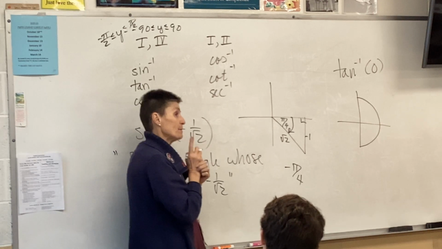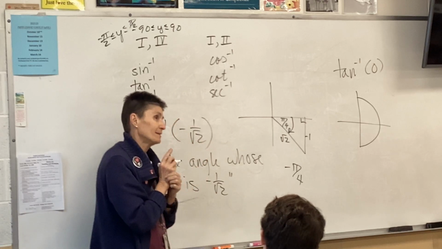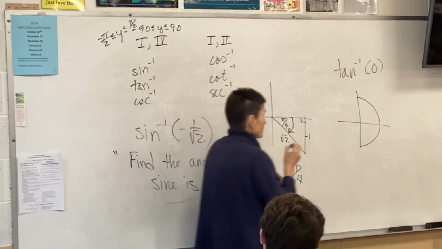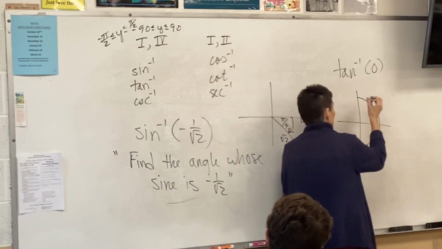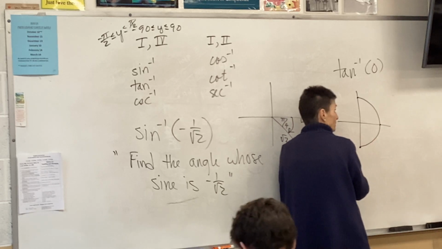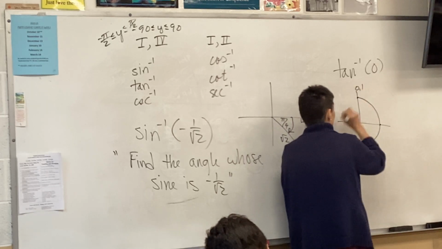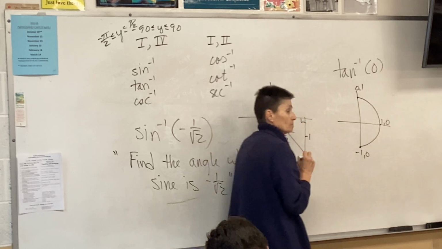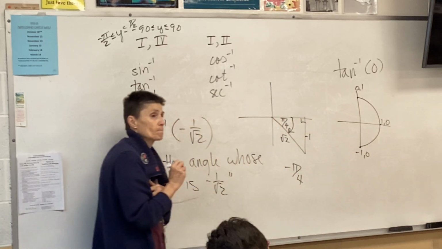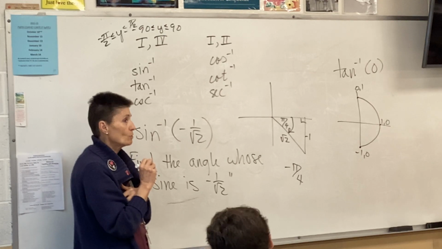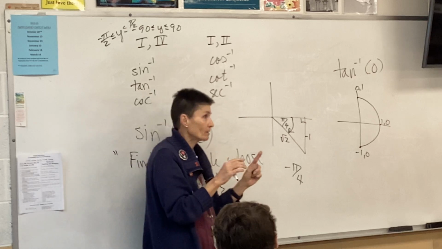Now, I'm not going to be able to draw a triangle that has a side of 0. So on my picture here, I'm going to look at these points: 0, 1, 1, 0, and negative 1, 0. Does everybody understand a triangle is not possible?